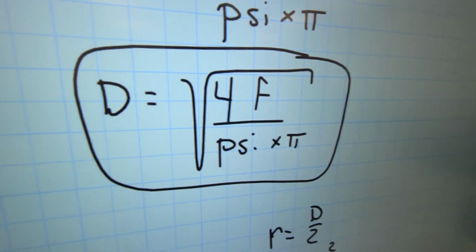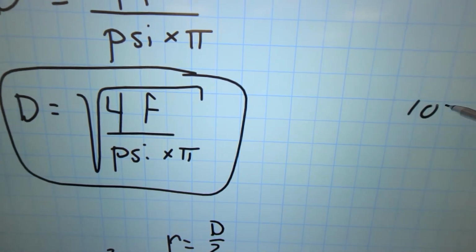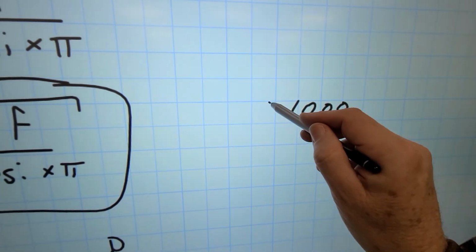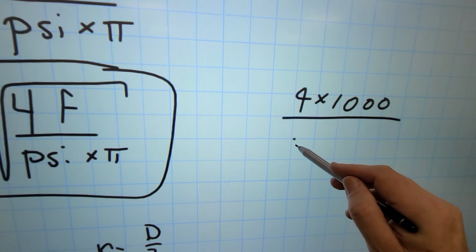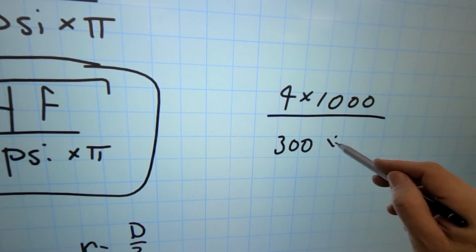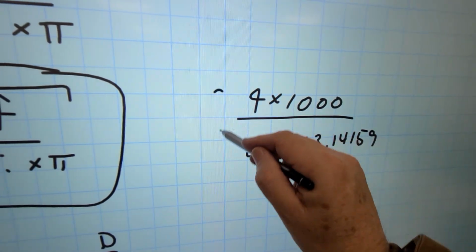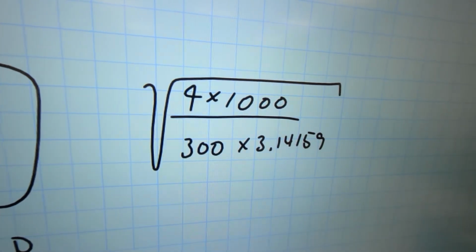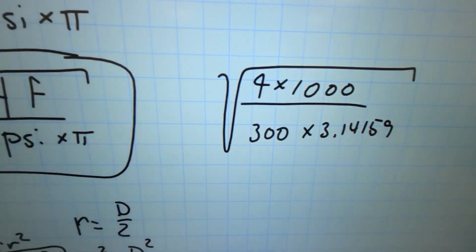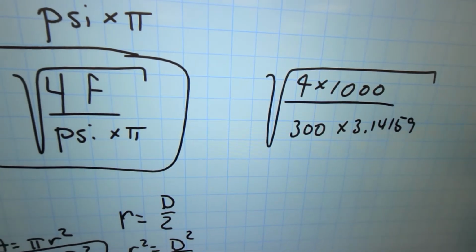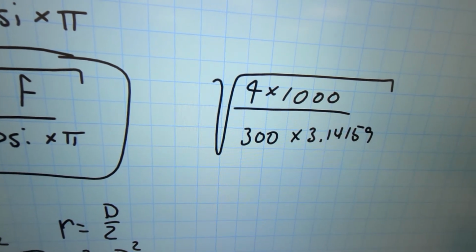Okay, so for my example, I wanted 1,000 pounds of force. 1,000 times 4 over 300 psi times pi. And I take the square root of that. I don't have a calculator handy, so you'll have to run the numbers on that. You're probably going to get an odd diameter, like I'm going to guess a number, let's say 2.387.